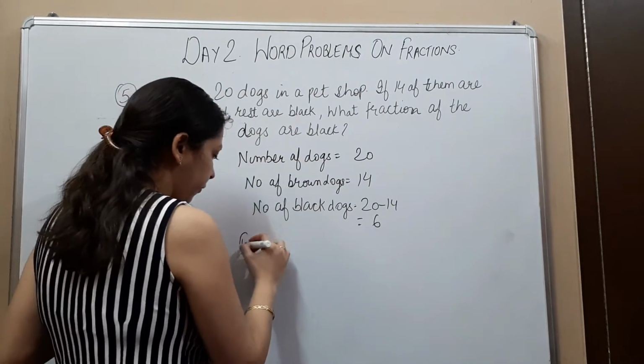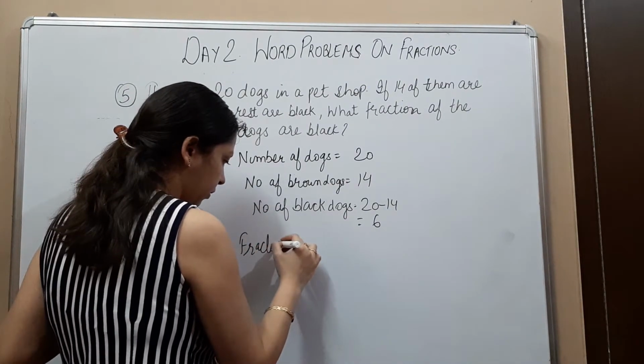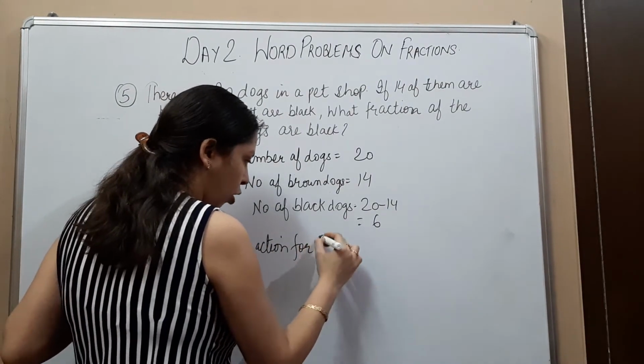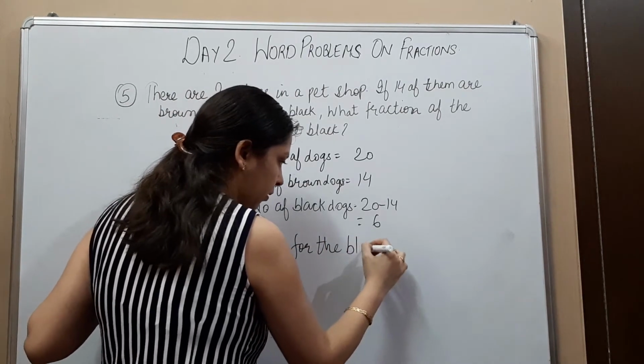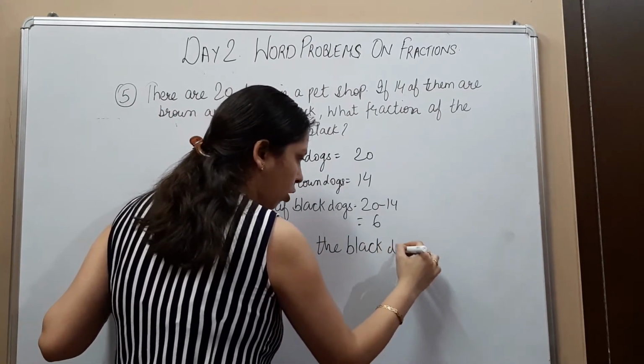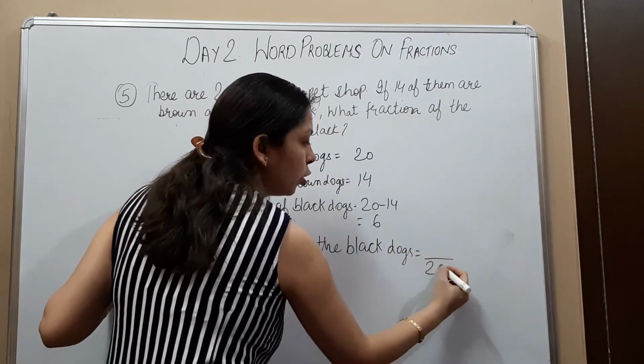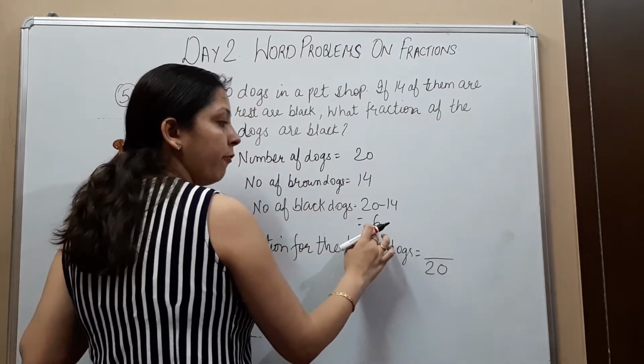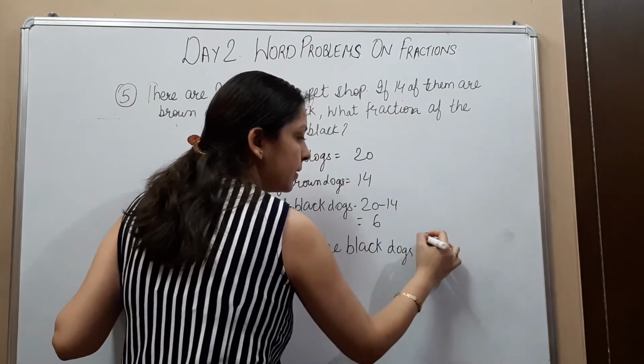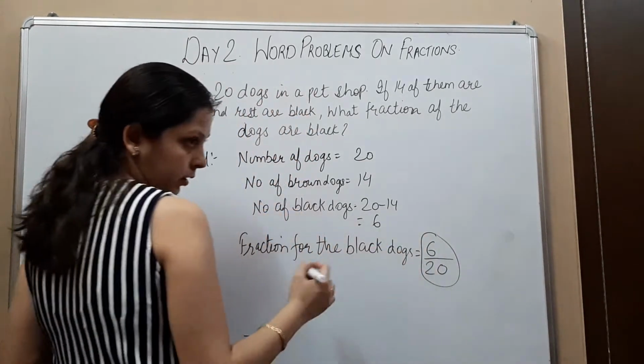So fraction for the black dogs. See, total number of dogs is 20 and number of black dogs is 6. So this is the fraction for black dogs.